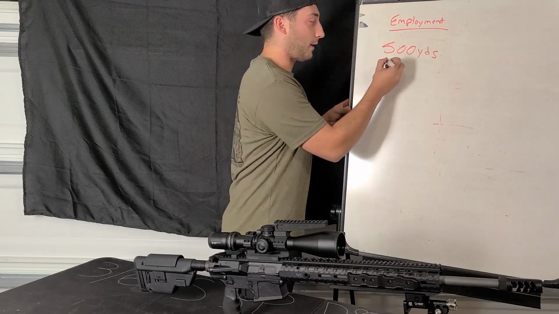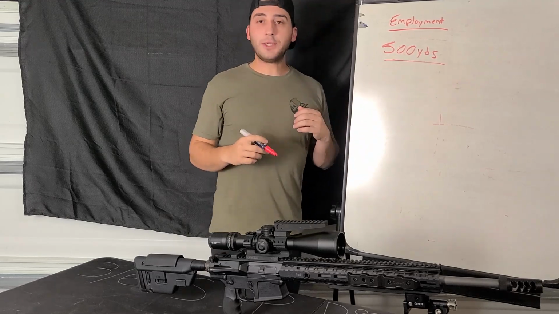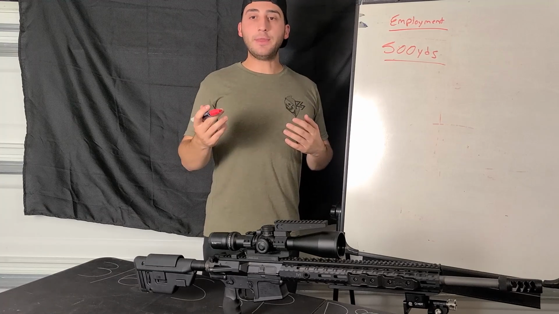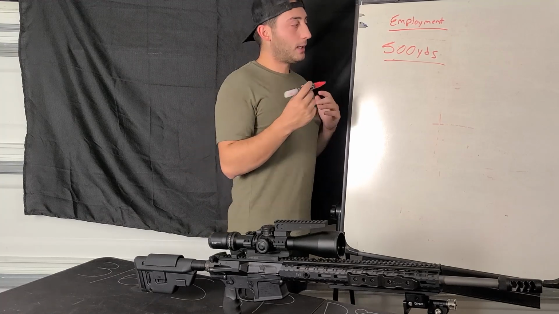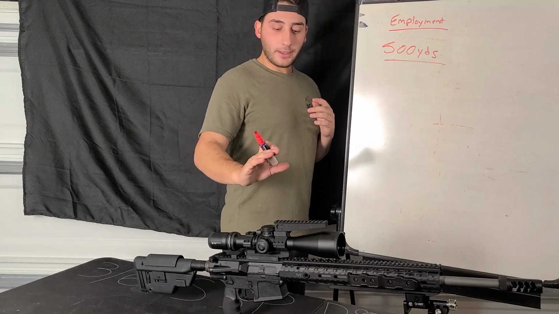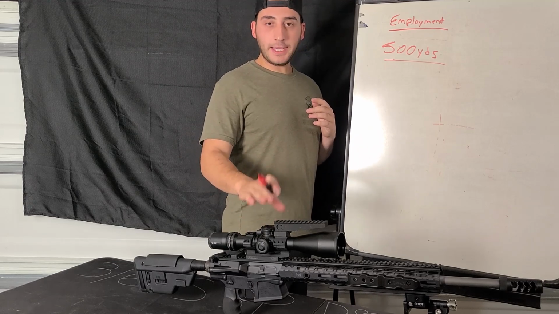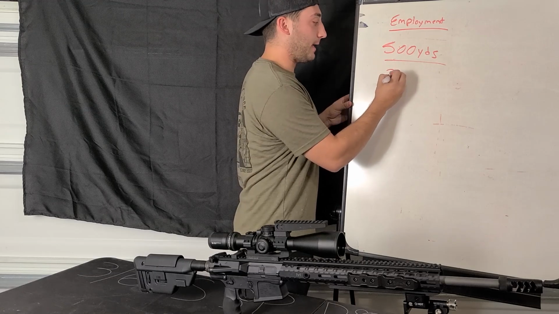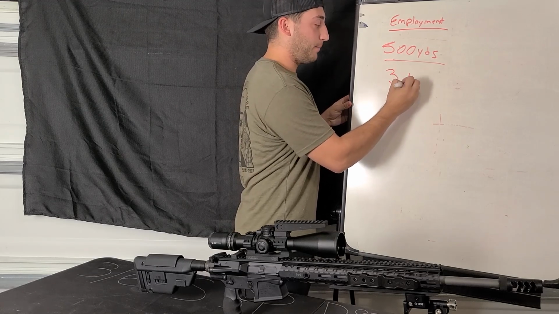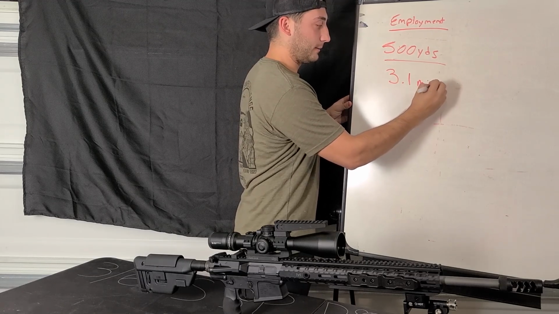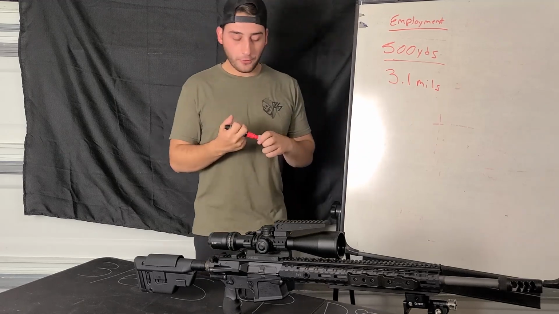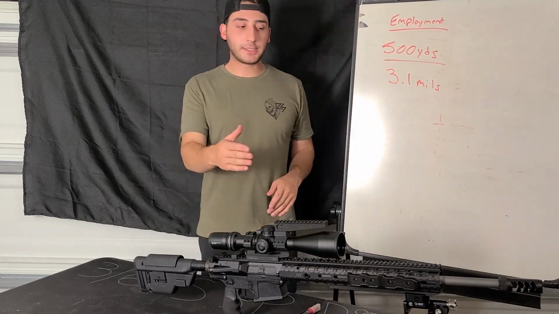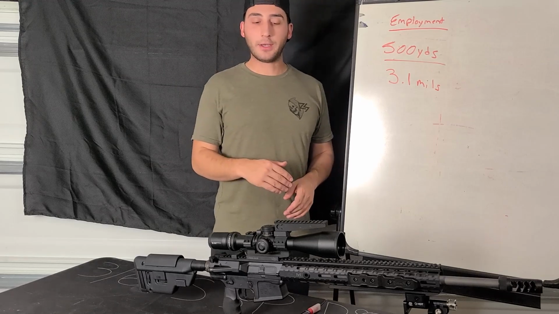Target's at 500 yards. We use our ballistic software, which I'm going to teach you guys how to use in the upcoming videos, to determine that for this gun to hit the target, I need to use an elevation setting of 3.1 mils. So there are two different ways that I can apply my 3.1 mils to this gun so that I am shooting the target.